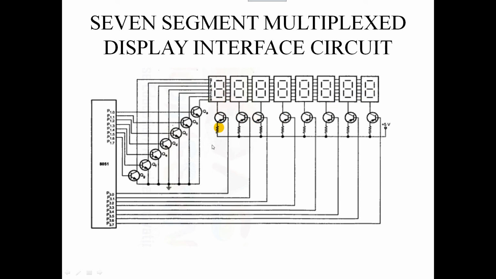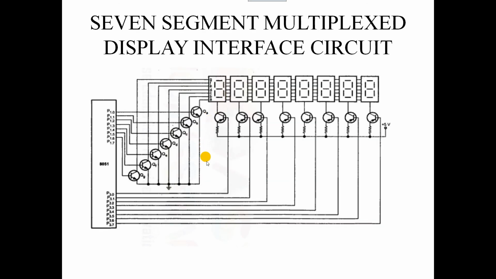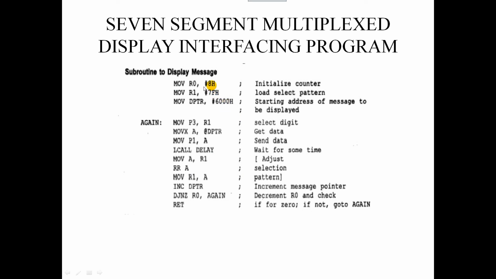So since the port number 3 is going to select this particular first LED, the first LED is going to give the first data of the particular data which we need to display. So again, some delay will be called, and we are going to adjust that particular selection pattern. So afterwards we need to select the second LED. So by rotating that particular 7F digit, we will be selecting the second LED.